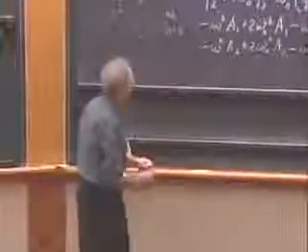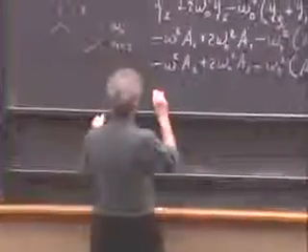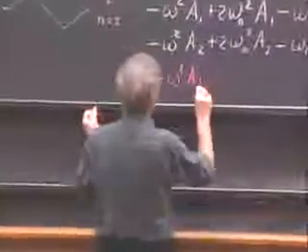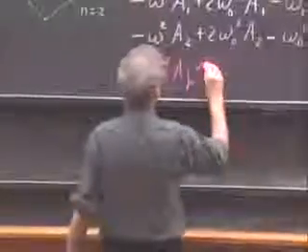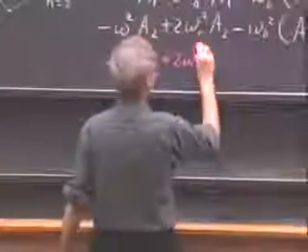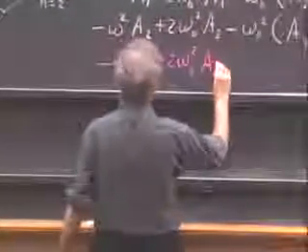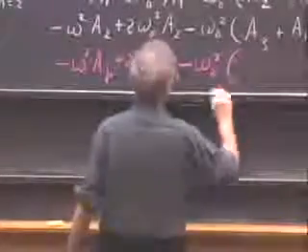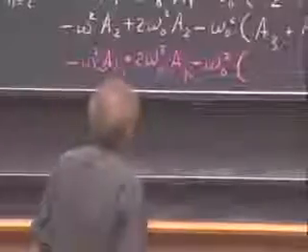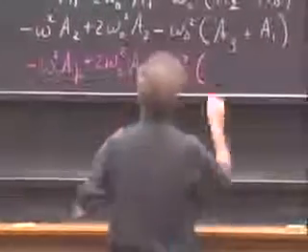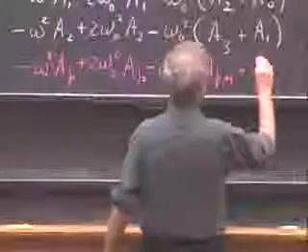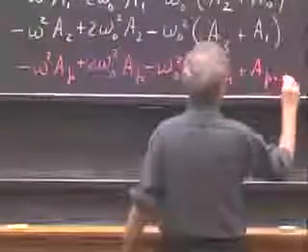Maybe I should do that in color. Minus omega squared ap plus 2 omega 0 squared ap minus omega 0 squared. And now we're going to get a p plus 1 plus a p minus 1.